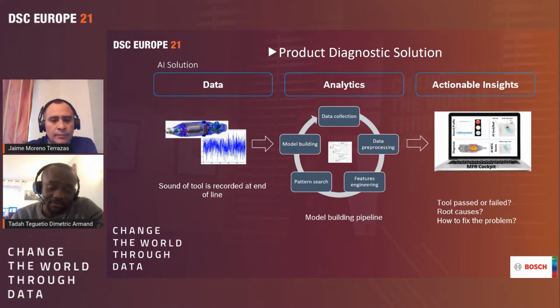Just because we are not saving just the sound of the tools, but also some meta information, because somehow we need to check the tool. We also need to trace the tool even if some issue occurs. For example, in case of a bad tool, we need to know exactly where it was produced, the production line, and so on and so forth.